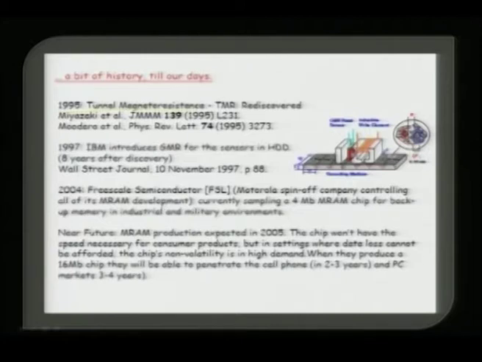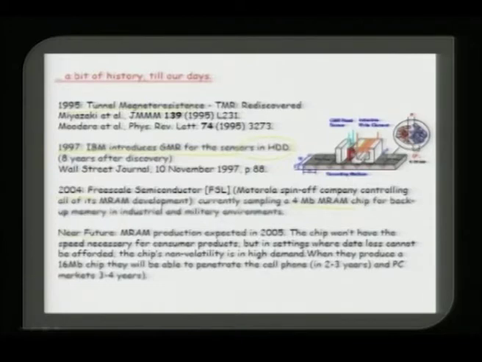In 1995 tunnel magnetoresistance was rediscovered, and in 1997, this is the most important, using the GMR property, IBM brought out its first hard disk drive, and in 2004 we have Freescale Semiconductor currently sampling a 4 megabit MRAM chip for backup memory in industrial and military environments.